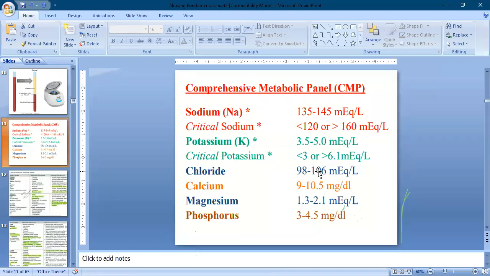As an example, sodium, they are electrolytes, my friend. Electrolyte imbalances occur if a patient has a fluid volume deficit. Fluid volume deficit means, for example, a patient has vomiting or diarrhea. Vomiting means fluid loss through your mouth, the upper GIT.